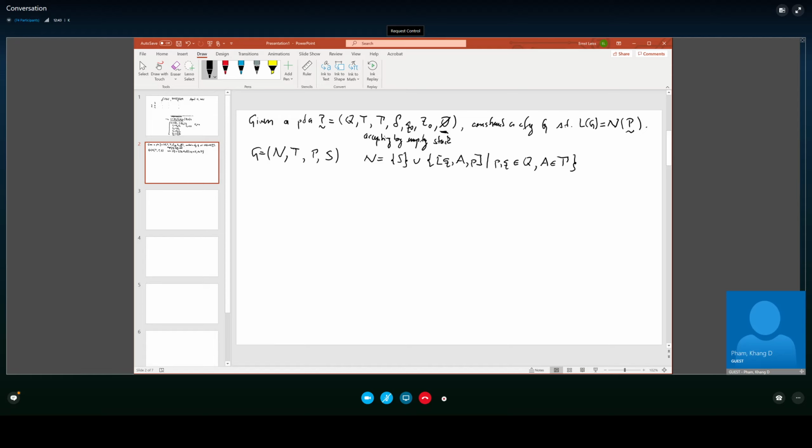So this is our N. T, of course, is known. S is simply a starting symbol. So the only thing, in quotes, that we need to specify is the productions P.